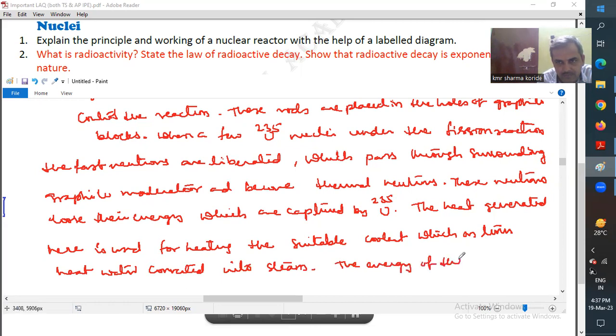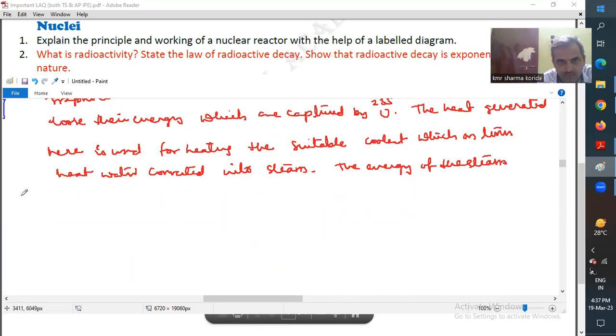Energy of the steam is used to run the turbines to produce the power, to produce electrical energy, otherwise you can say.